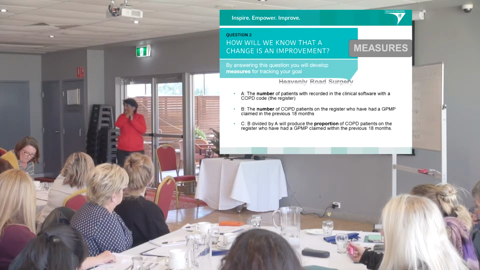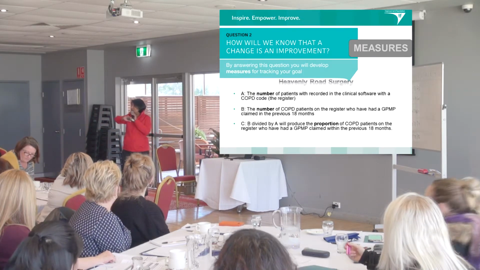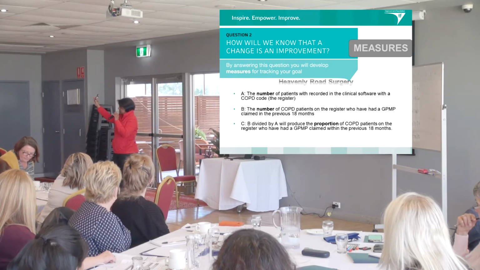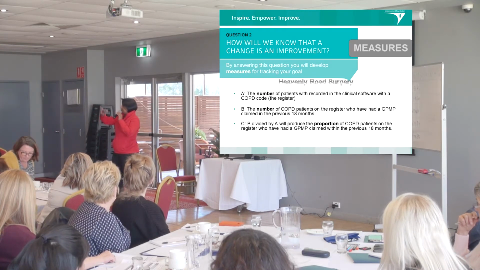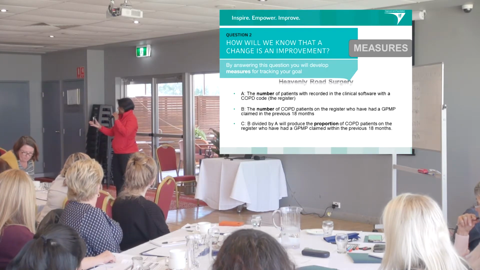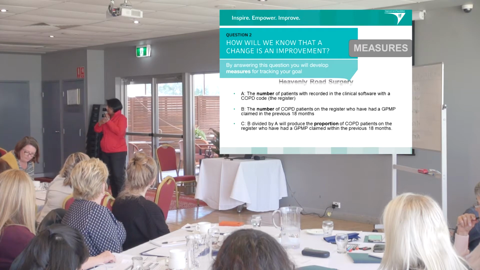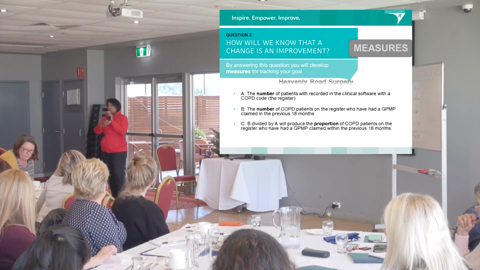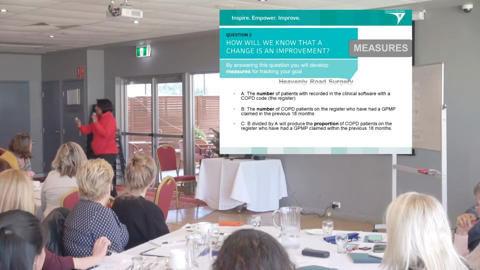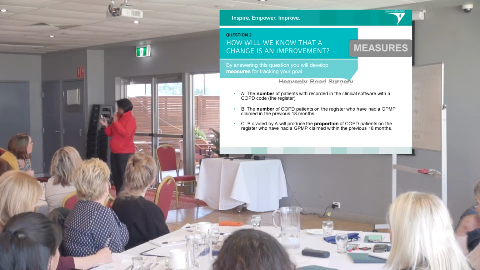So for instance, in this case, as an overall goal, you might say you want to improve the care of COPD patients in your practice. But your PDSA and your model for improvement test cycle, within that quarter, could be looking at the number of reviews claimed. And you might shorten that.